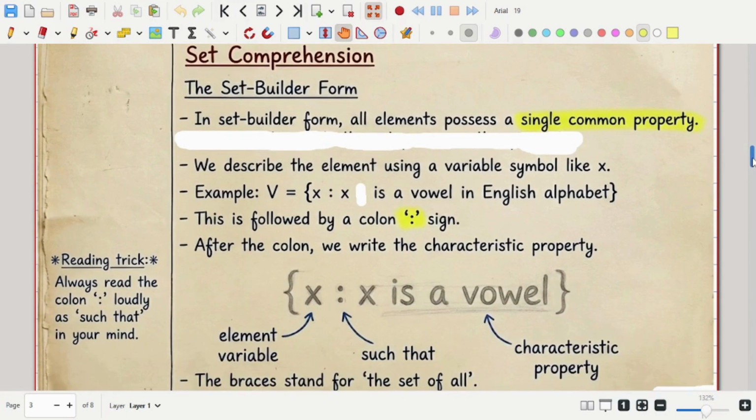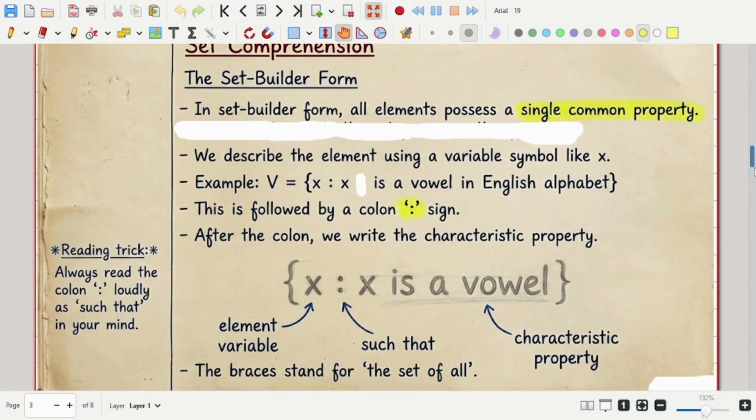Set comprehension. In set builder form, all elements possess a single common property. For example, V is a set of these curly braces. Read it as is a set of.